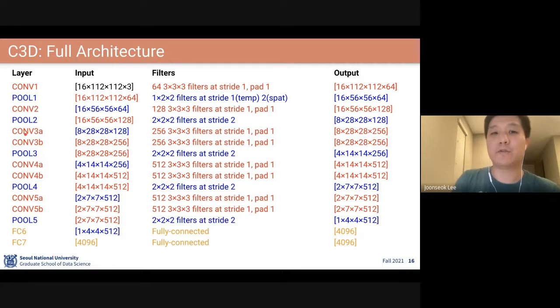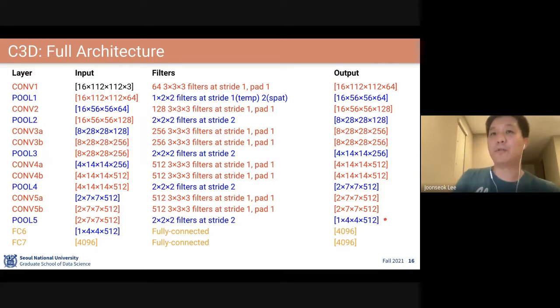In convolution 3, it's still the same size filters, and just the number of filters gets doubled. Only that part changes. After that, they apply another 2 by 2 by 2 pooling, so the size is halved again, and again at the end of pooling 5.